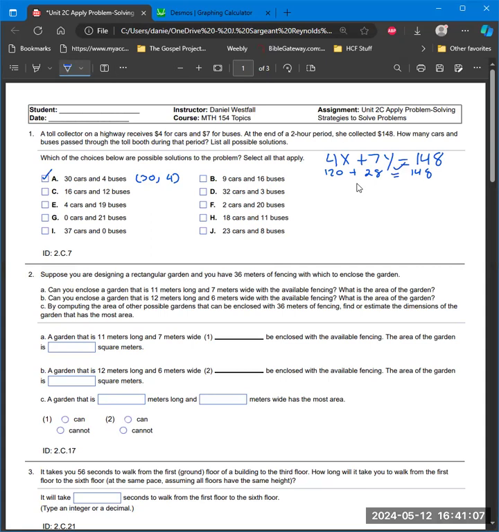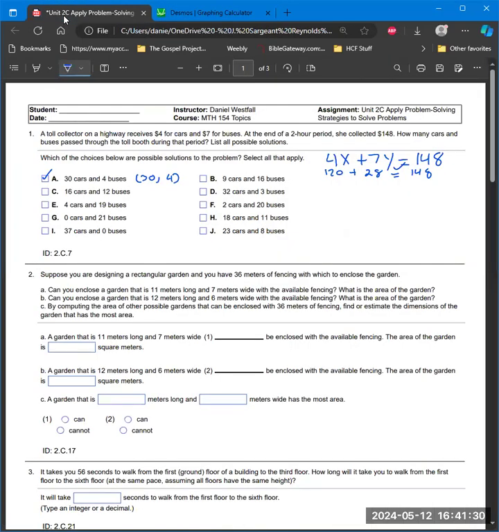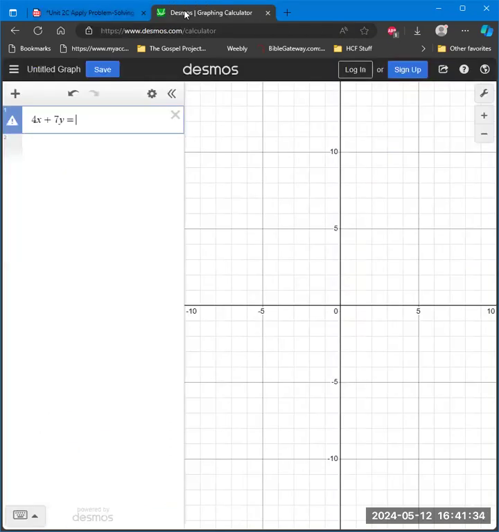So let's graph the line here by solving for y and putting it into a graphing calculator. I've used Desmos here, but let's solve that again. So 4x plus 7y is equal to 148.